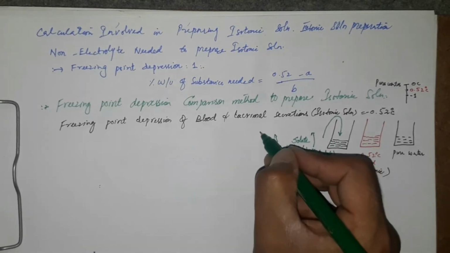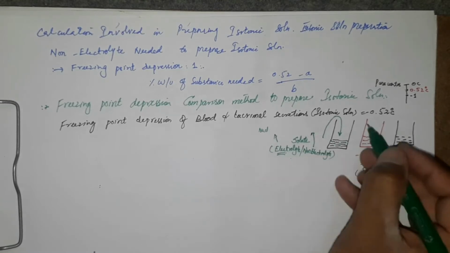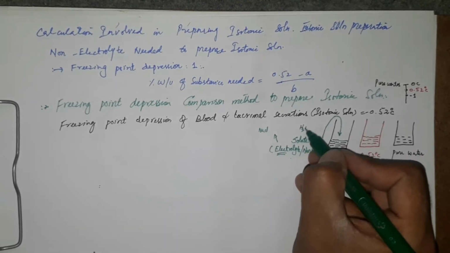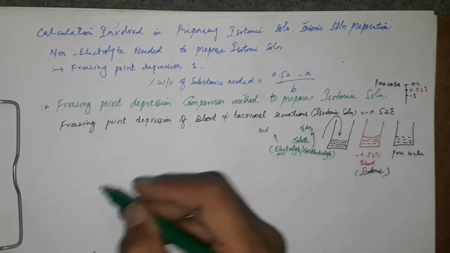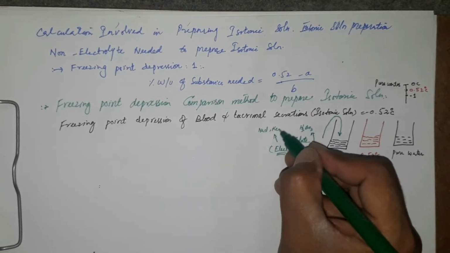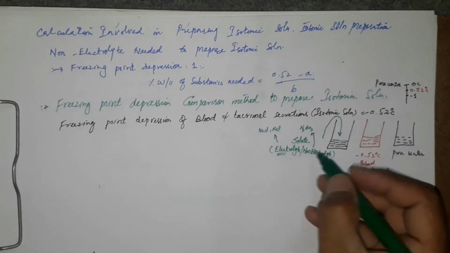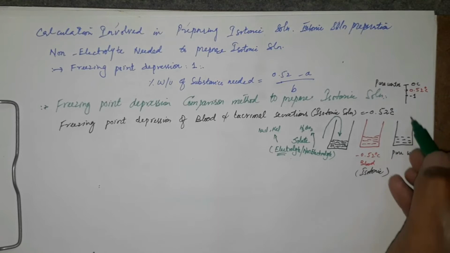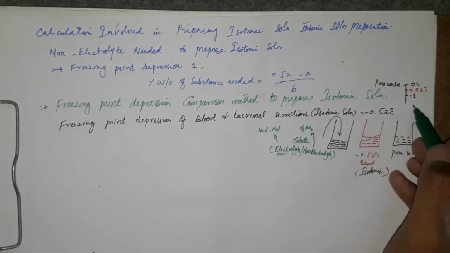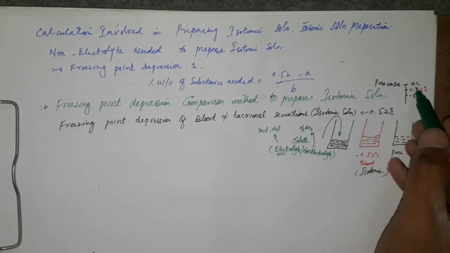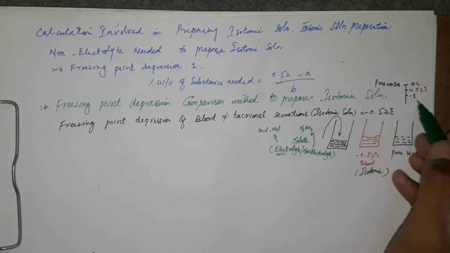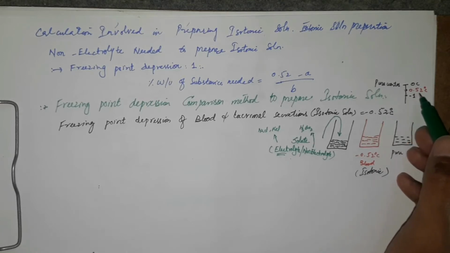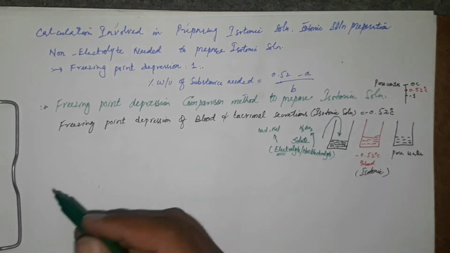Electrolytes are for example sodium chloride, potassium chloride, and non-electrolytes are for example boric acid, urea, etc. If we add these substances to pure water, its freezing point will be decreased or depressed from 0 down to some minus value, minus 1, minus 1.86, minus 2, or minus 0.52 degree centigrade.